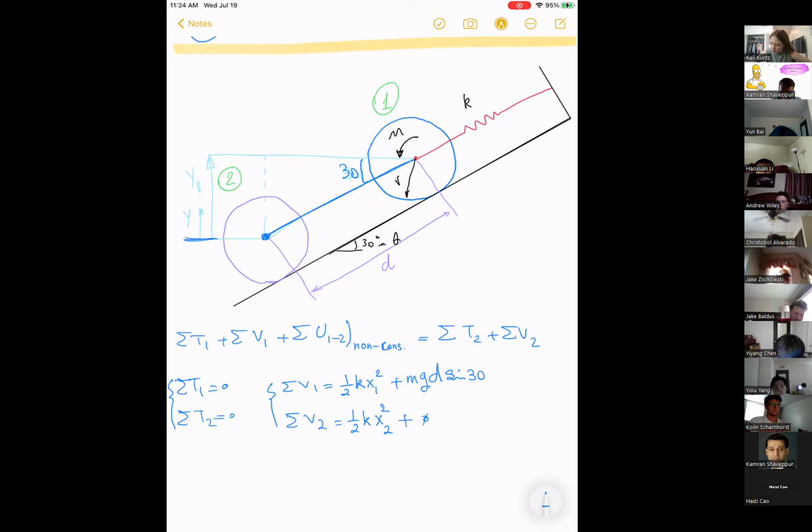Then we're going to find the work of non-conservative forces. And when we say forces, it's a generalized force, moment, couple, everything, right? What is the non-conservative force or moment here for couple? Do we have any, by the way? Chris, do we have any non-conservative force or couple?